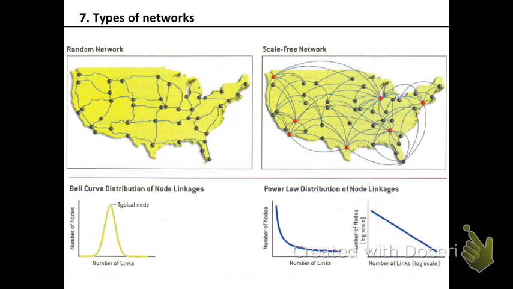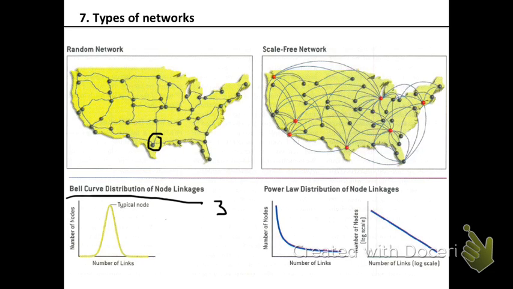So how do we actually compare these types of networks? We compare these networks based on how each node is connected. Okay, so what we're plotting here is the distribution of node linkages. What that means is I'm going to this random network and looking at one node and counting how many edges it has, right?